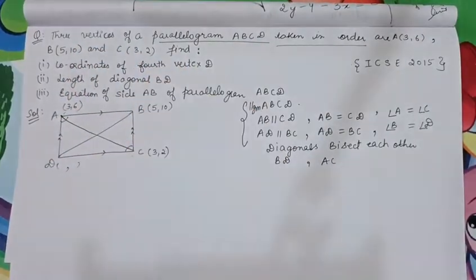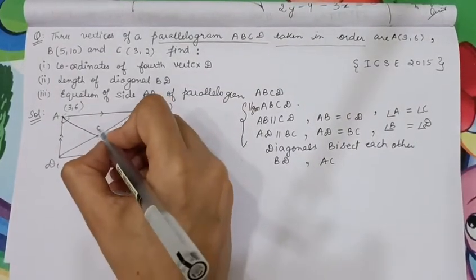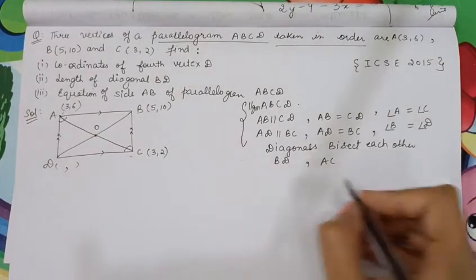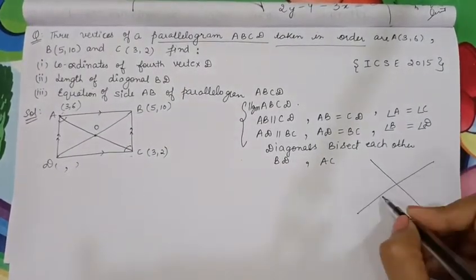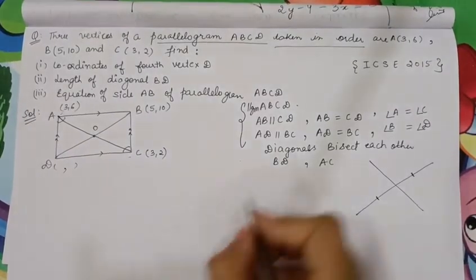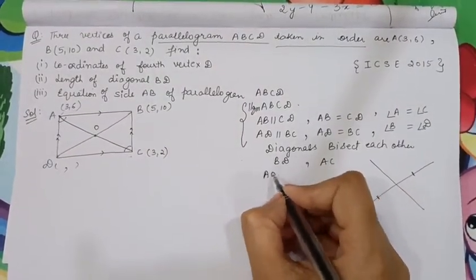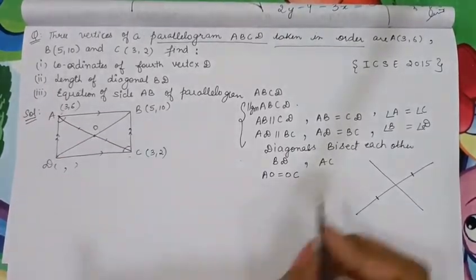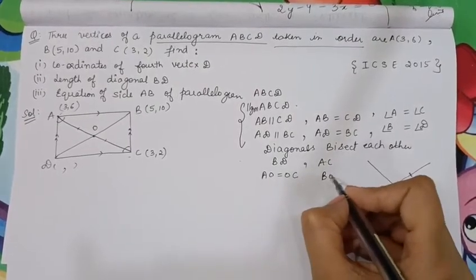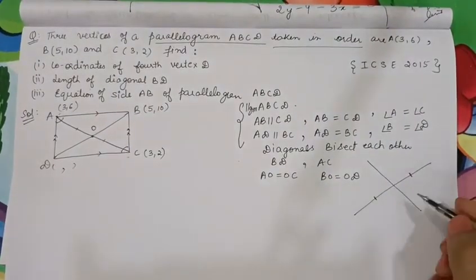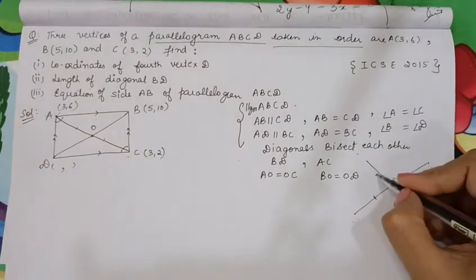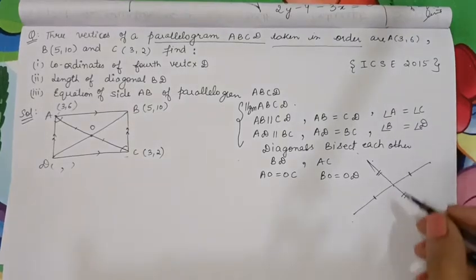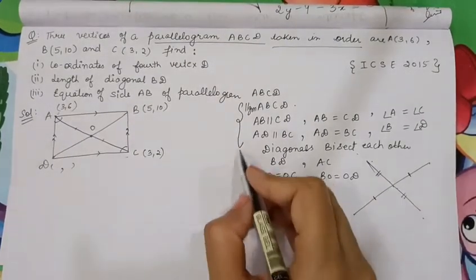If the point of intersection is point O, what does it mean? Diagonals bisect each other means one diagonal is cutting the other diagonal into two equal parts. So AO is equal to OC and BO is equal to OD, because both the diagonals are divided into equal parts.